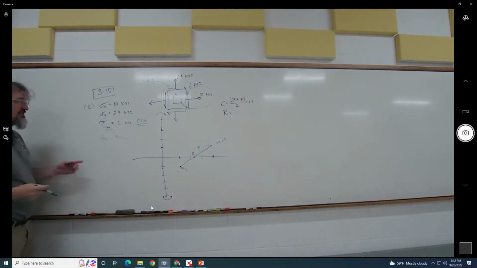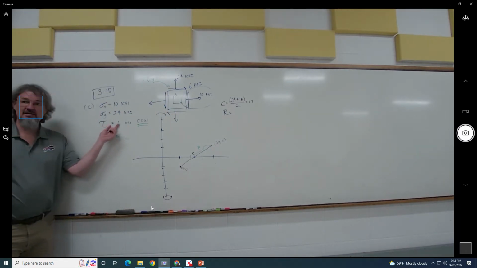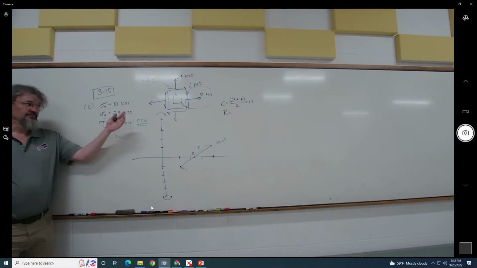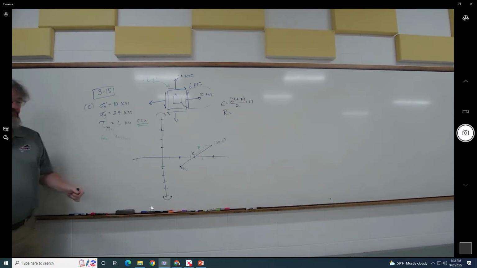Now, some places they decide to give this a positive or negative sign, and that just means that on the positive face it's in the negative y direction, on the negative face it's in the positive direction, right? Which would be just as true from here.